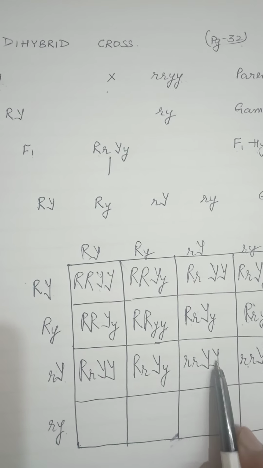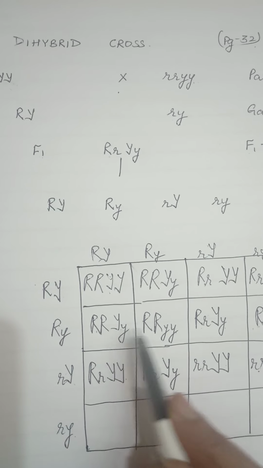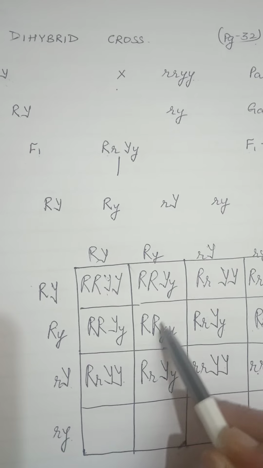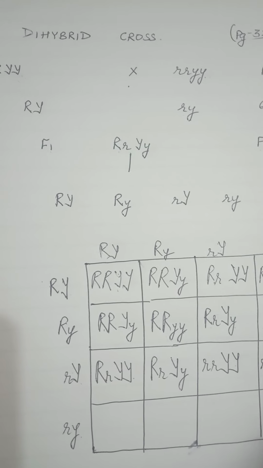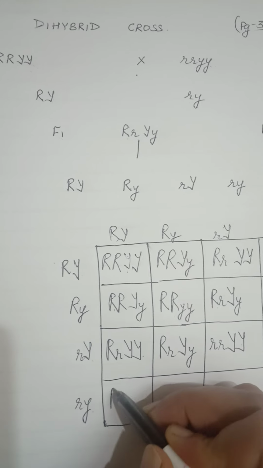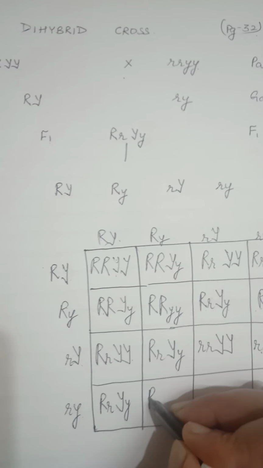Wrinkled yellow, round yellow, round yellow, round yellow, round green. Recessive allele, both are recessive. This is also round green. Now this way we have to take from here.